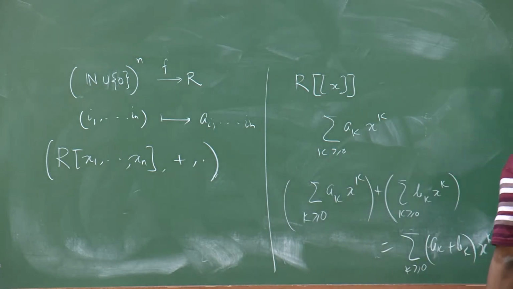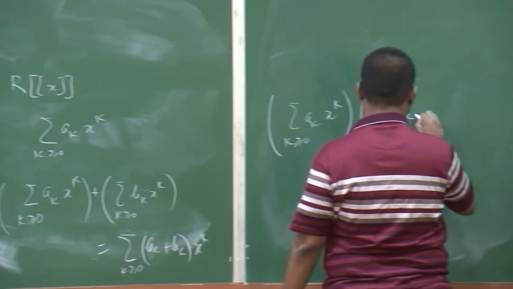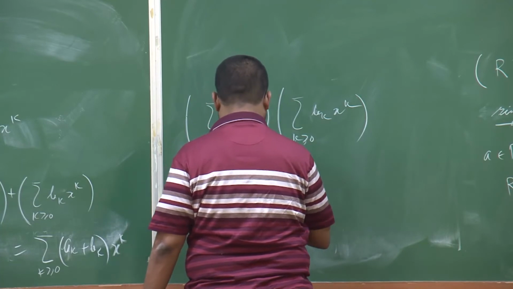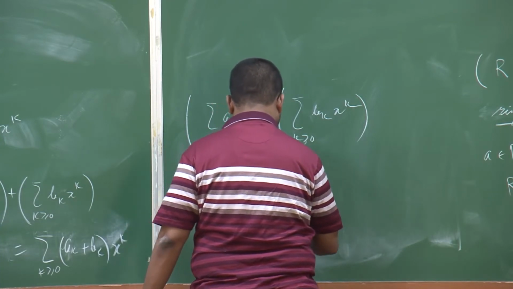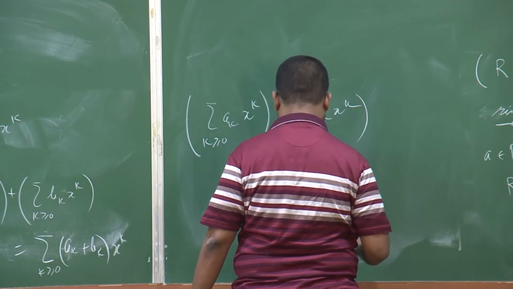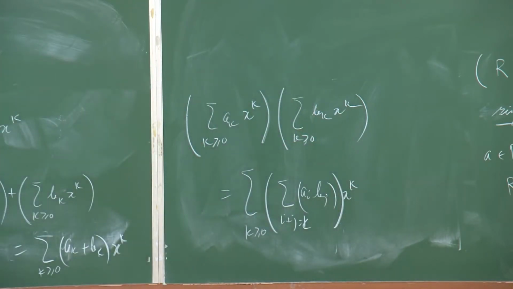But for multiplication, it is defined in exactly the way multiplication of polynomials is defined, but unlike that case, here we might have non-zero coefficients infinitely many times. So, it is of the form the sum over i plus j equal to k of a_i b_j x to the power k. Okay. So, that is how it is defined.